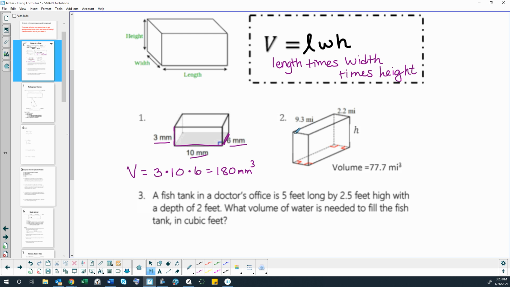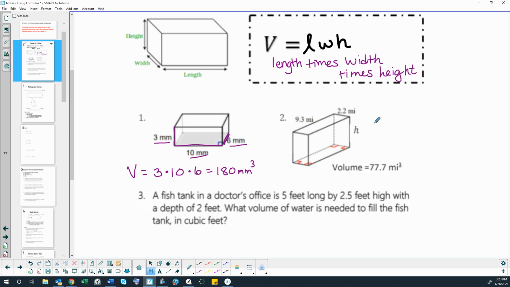This next box has a length of 9.3 miles, a width of 2.2 miles, but we don't know the height. However, we do know that the volume is 77.7 miles cubed. And if this is some sort of huge fish tank, or, miles though, maybe just a river that would be approximately shaped this way, or a canal or something.